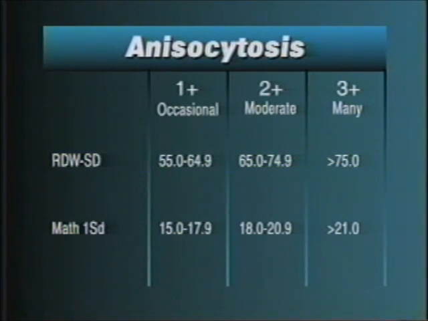If you work in an institution that just generates an RDW-CV only, you can easily do the Math 1SD calculation, which we talked about in the last section, and then report out the anisocytosis based on that Math 1SD. If you work in an institution that does not generate an RDW at all, we recommend that you use the criteria for macrocytes and microcytes, which Jerry's going to talk about next.